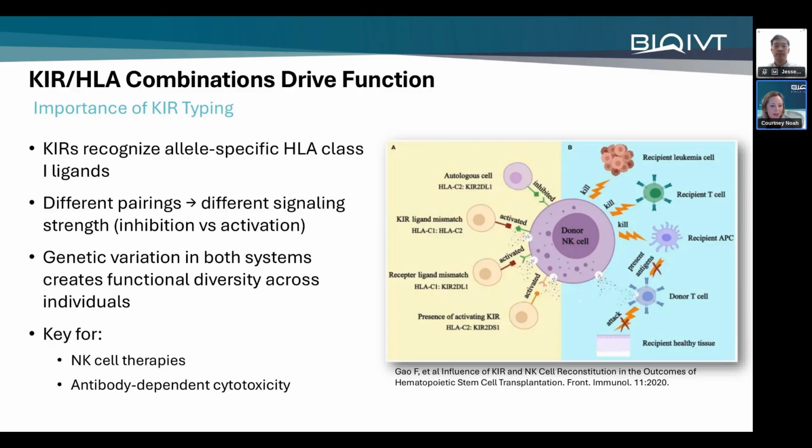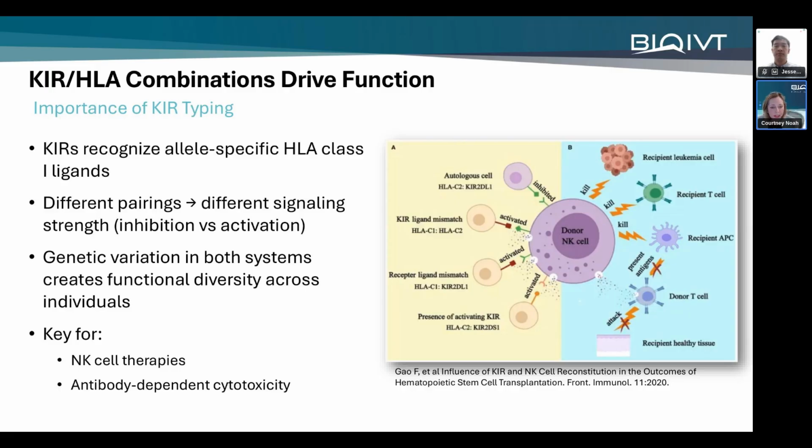Those combinations ultimately shape NK cell education, their responsiveness, and their cytotoxic potential. And these all tie into implications for NK cell therapies, anyone working in the antibody-dependent cellular cytotoxicity space, and also transplant outcomes.